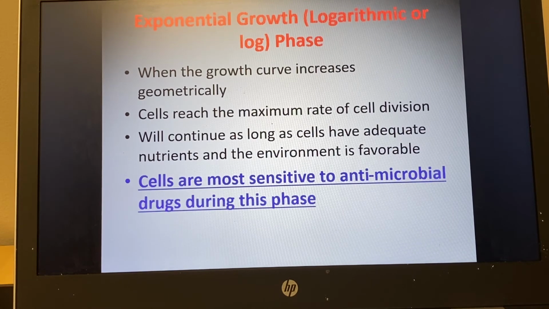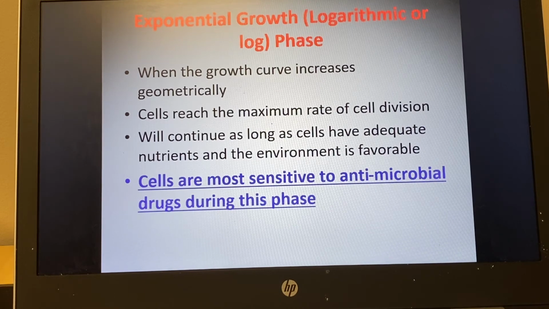Okay, so this is when the environment is perfect. The bacteria has tons of nutrients. There's no overcrowding with all other kinds of cells. Waste products are not building up. So it's basically life is good, everything is perfect, and we're going to keep growing and growing and growing as long as this environment is perfect.